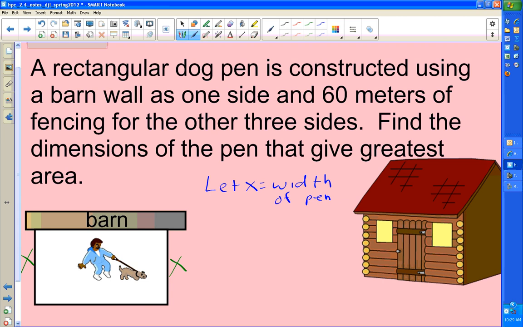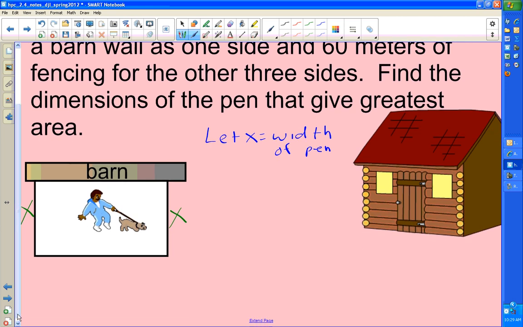I'm going to sketch the graph too in a little bit once I have a function. So if x is the width, how much fence do we have altogether? 60 meters. So how much fence do we have left for the length of this dog pen? 60 minus 2x equals the length of the pen.